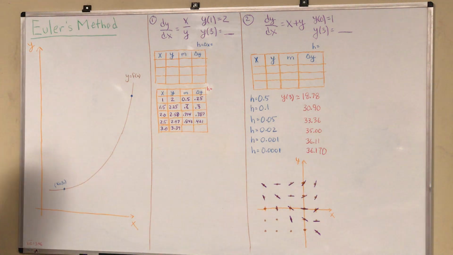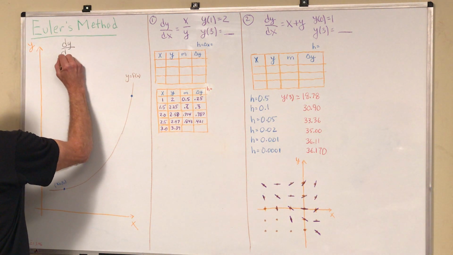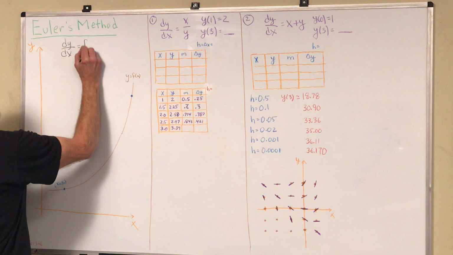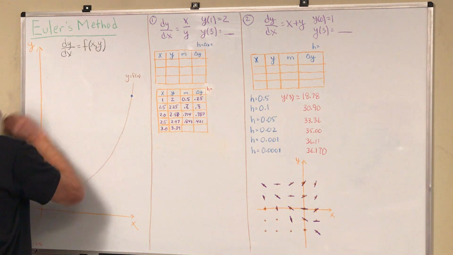So basically, a differential equation is something like dy/dx equals some function of x and y.